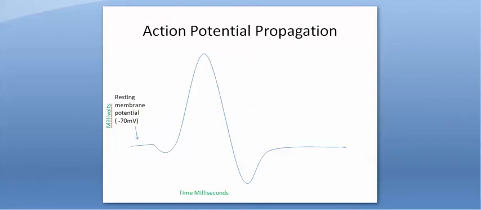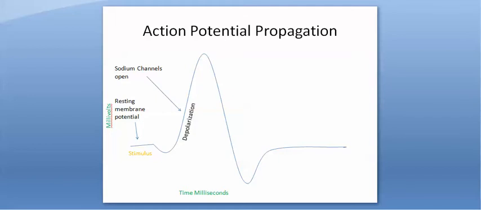And here's another example of that. So here's resting membrane potential at negative 70 millivolts. Then we have depolarization. Resting membrane potential means that the cell membrane is polarized, just like you have poles on a magnet, where you have one pole that's more positive and one pole that's more negative.